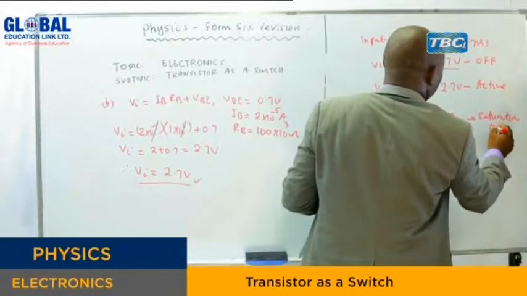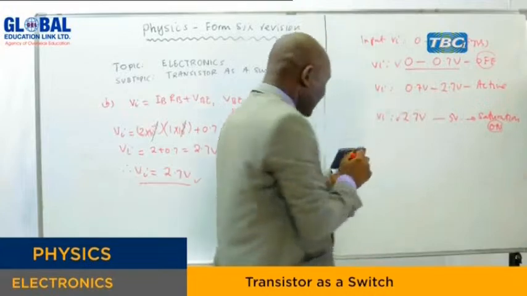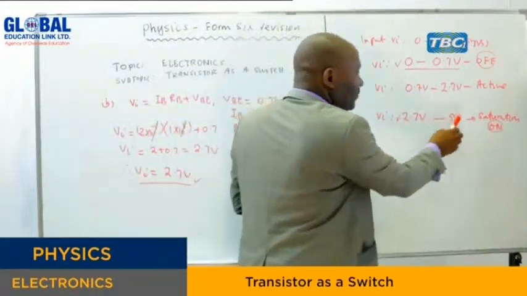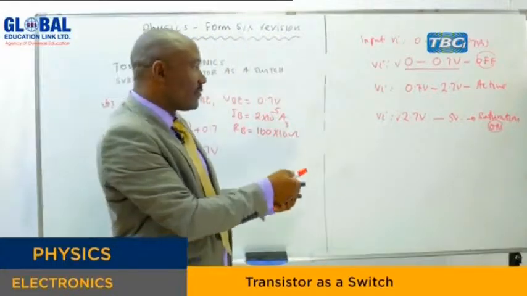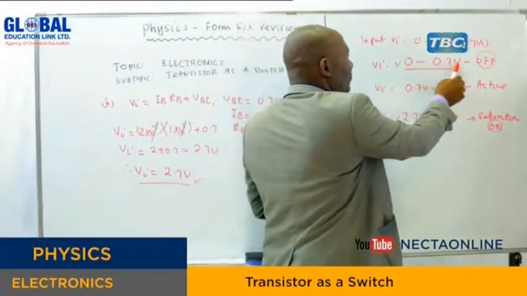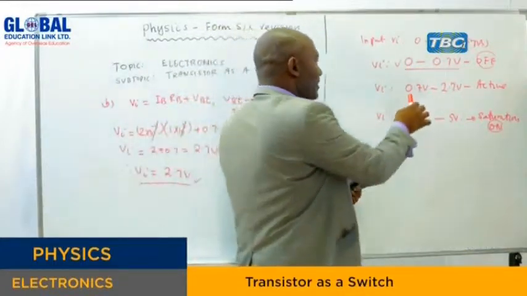So this is the on and off. According to the question, the transistor is on when the input voltage is from 2.7 to 5 volts, and off from 0 to 0.7, and the transistor is in the active region in between.